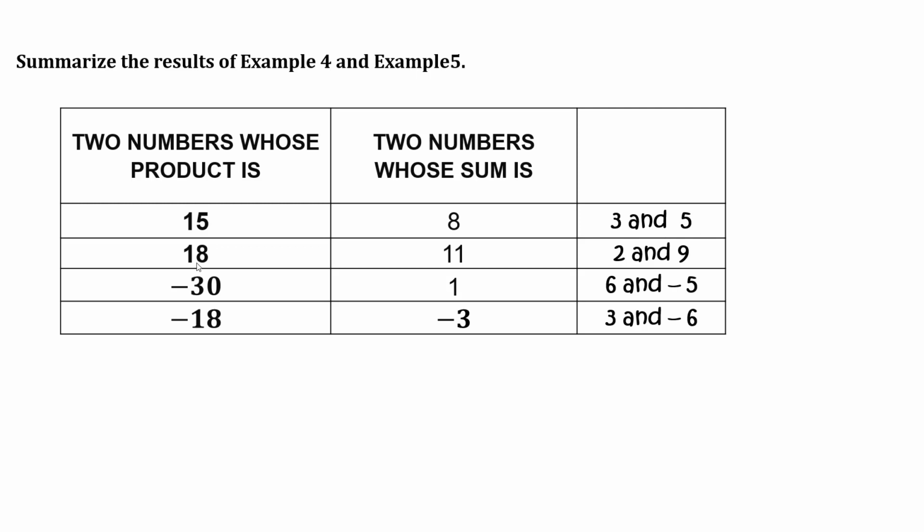In example 4B, you were asked to find two numbers whose product is 18 and the sum is 11. Those numbers were 2 and 9. In the next example, you were asked to find two numbers whose product is negative 30, whose sum is 1, and it was 6 and negative 5. And in the last example, you were asked to find the two numbers whose product is negative 18 and whose sum is negative 3, and those numbers were 3 and negative 6.